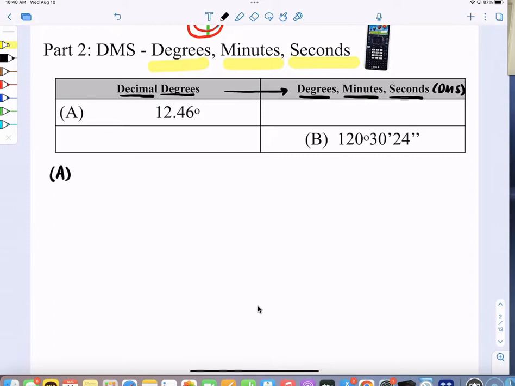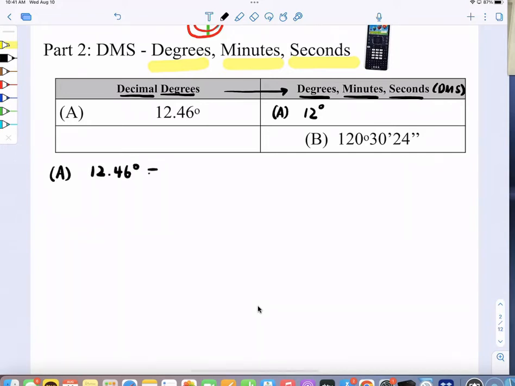I feel like we all understand that we have exactly 12 degrees for sure. Let's establish that. Do you have 12 degrees for sure? You do. But you also have 0.46 of a degree. What does that mean? That's what we're going to discuss.